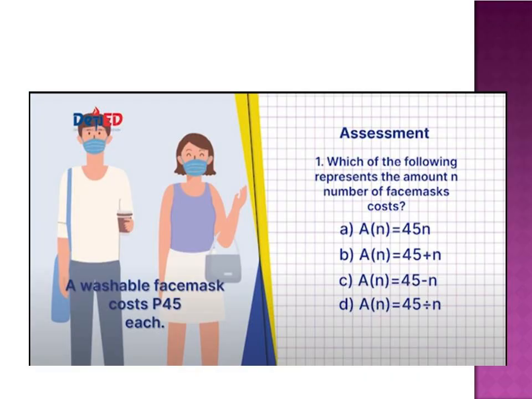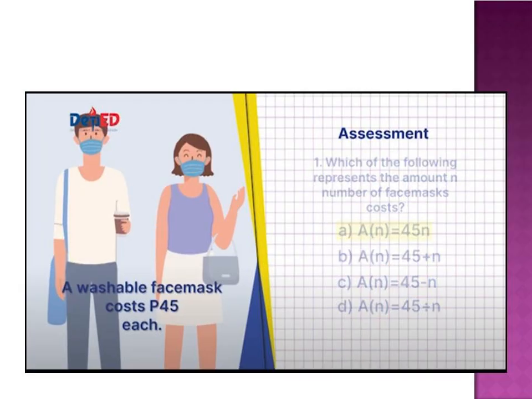B. A of n equals 45 plus n. C. A of n equals 45 minus n. Or D. A of n equals 45 divided by n. The function that represents the amount and number of face masks cost is letter A.